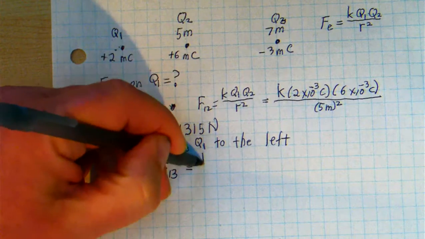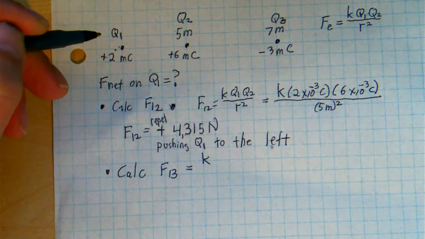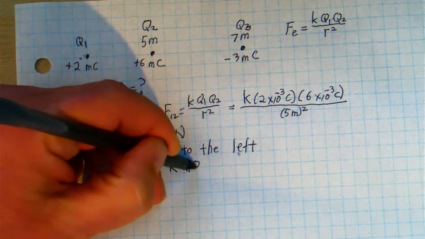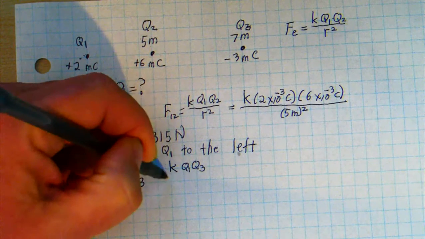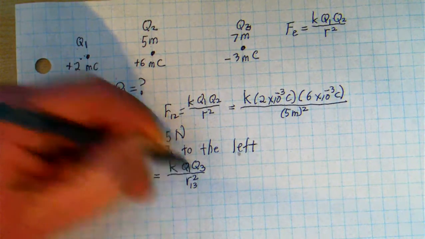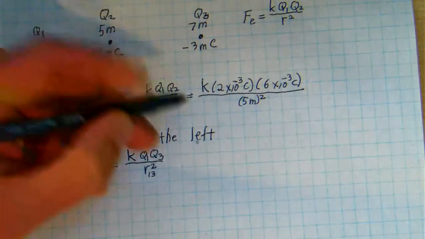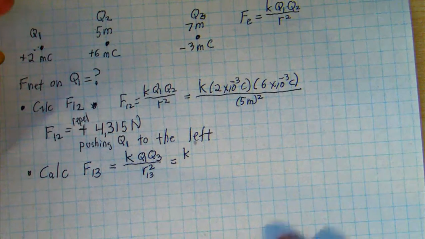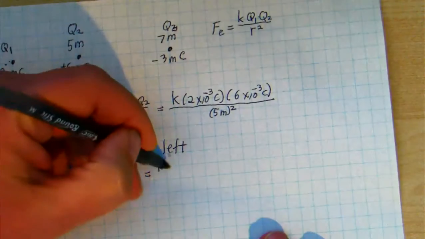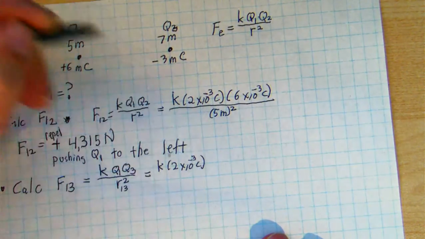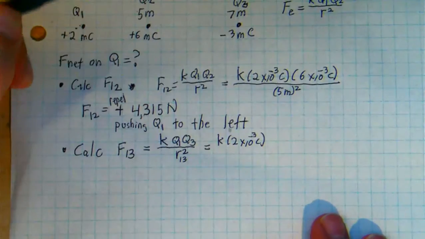That is lowercase letter k, Coulomb's constant, times Q1 times Q3 divided by the distance from 1 to 3 squared. In this case, lowercase letter k, times 2 millicoulombs, 2 times 10 to the negative third power coulombs.